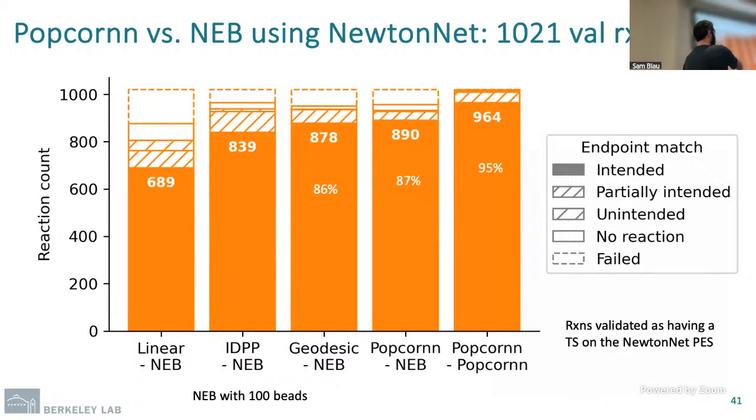You can also use popcorn for the initialization and then feed that into NEB for the path optimization atop the MLIP. And I have to show this, you'll see why on the next slide. But in this case, using popcorn for the initialization with Todd Martinez's geodesic loss and fictitious potential, it helps, but not a ton, right? We're getting the big jump from using popcorn on the MLIP.